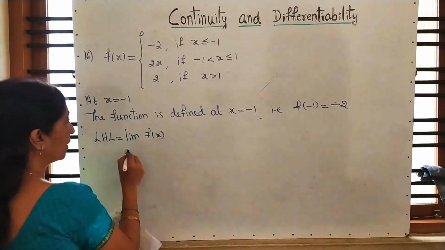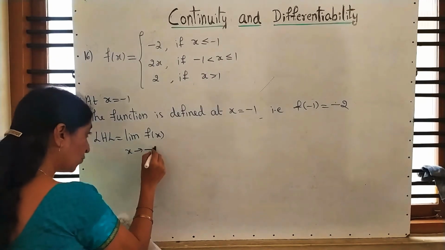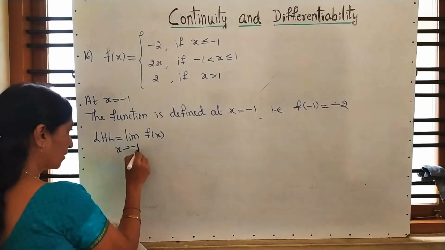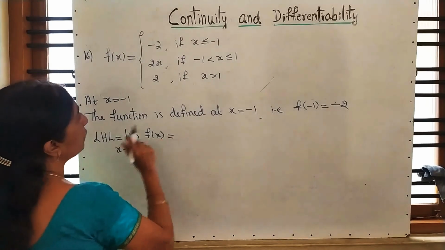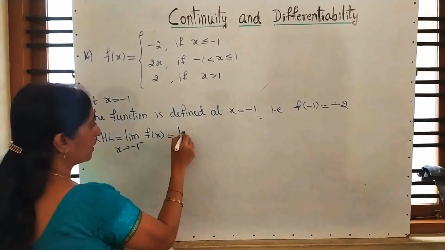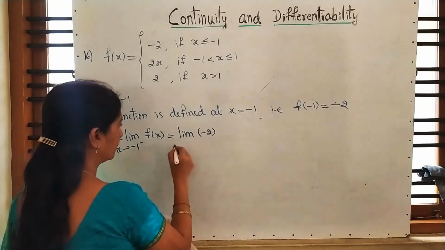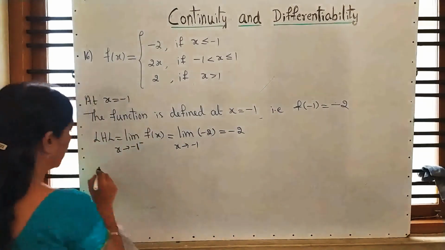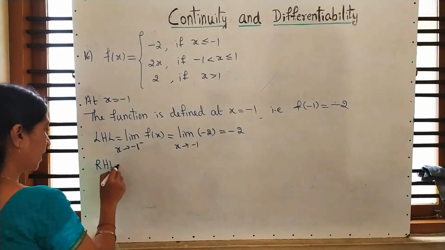Limit f of x as x tends to minus 1 raised to minus. Write it clearly: x tends to minus 1 raised to minus. Which function are we selecting? We are selecting the first one, and the answer is minus 2. Now what is the right hand limit?